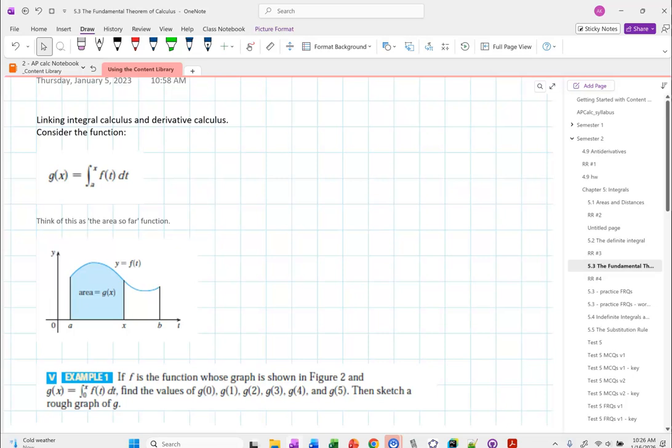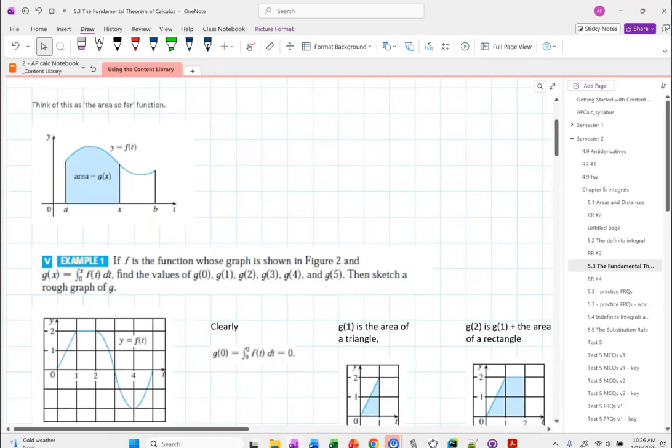So if a is 1 and I go to 2, it's the area under the curve from 1 to 2. If a is 1 and x is 3, then it's the area up to 3, like an area function, the area so far function. Is that okay? Okay.